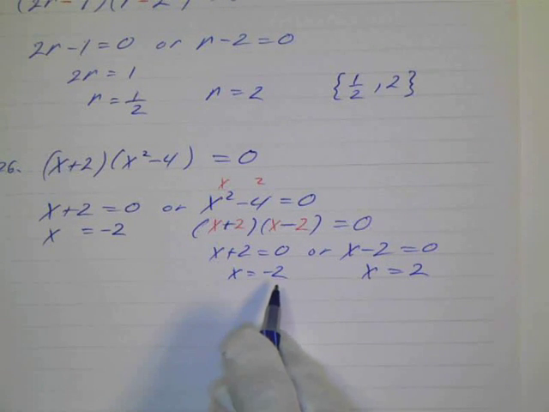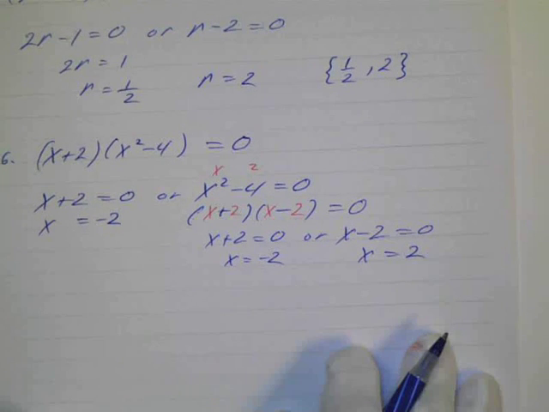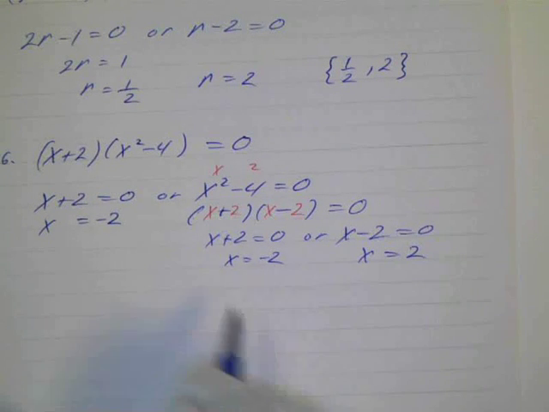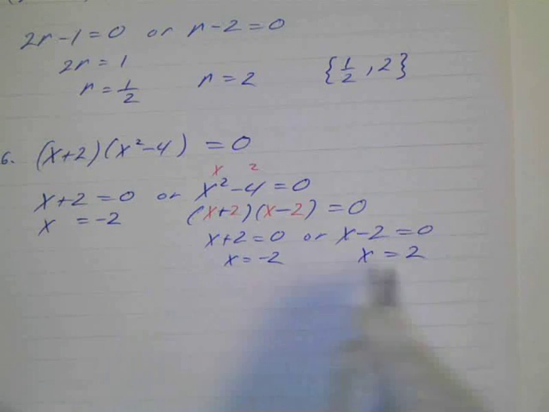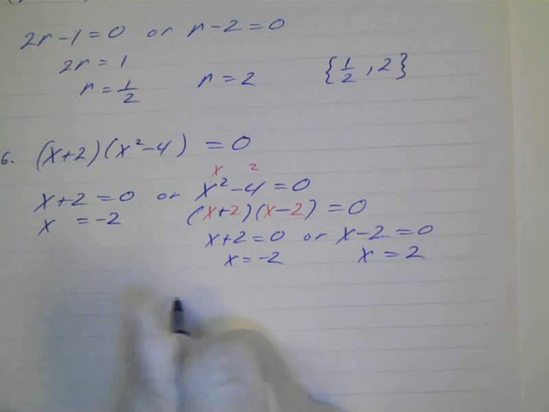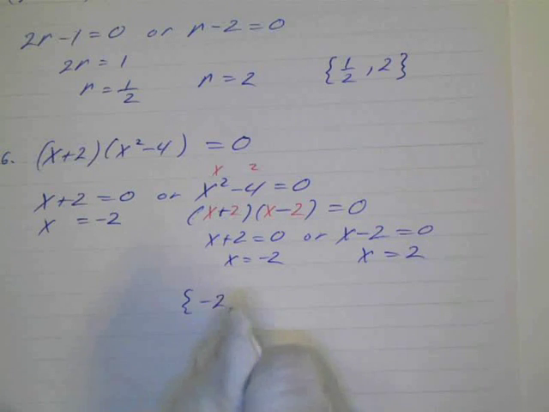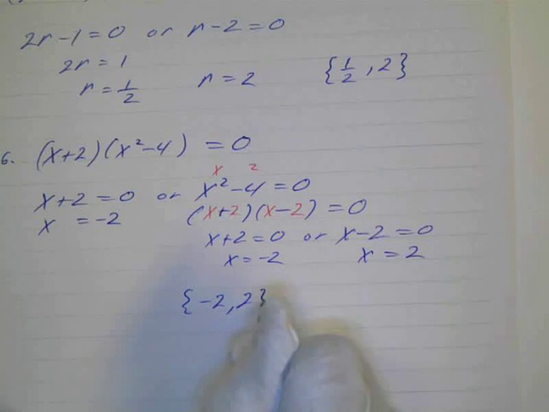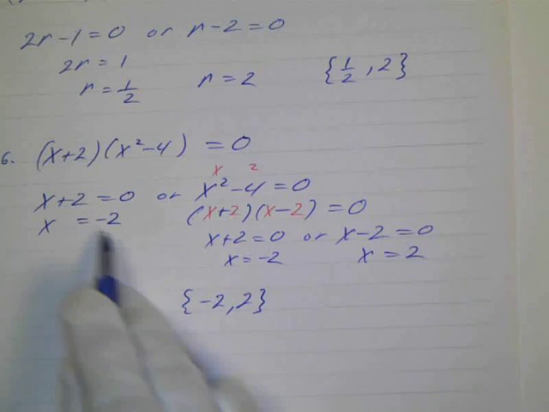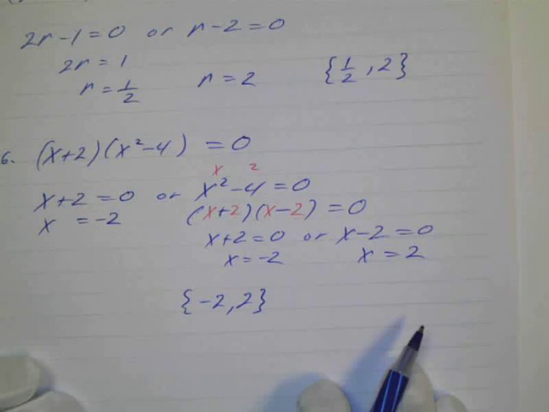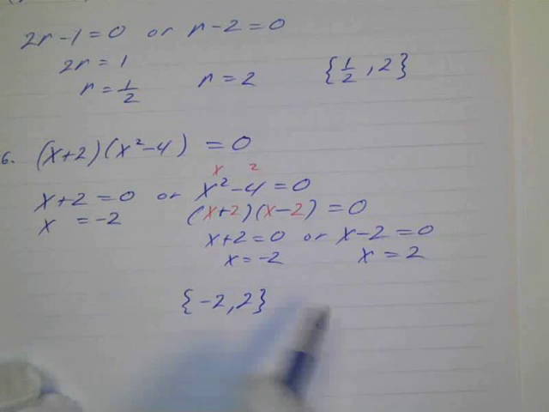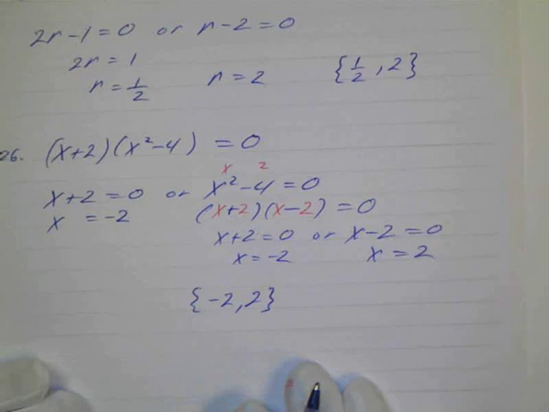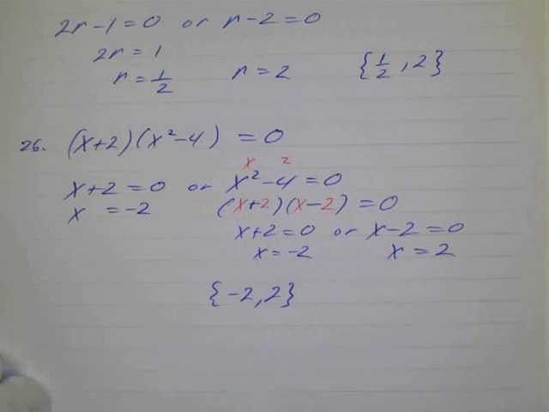That's what we call a repeated root, and we'll talk about that later when we're graphing it. But right now we only have 2 unique solutions, negative 2 and 2. Again, a repeated root doesn't just disappear. It's important, but we'll talk about the ramifications of that later. So that's number 26.